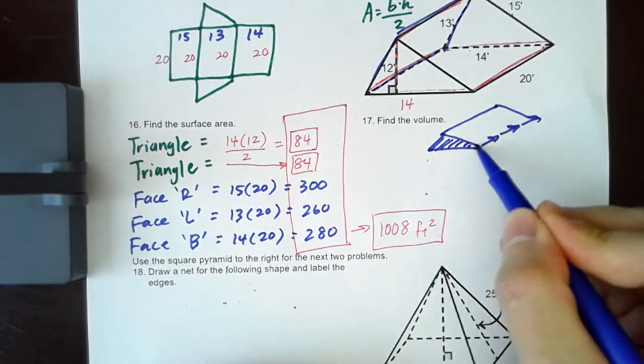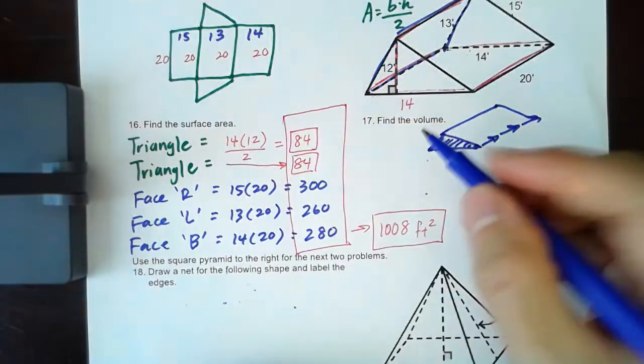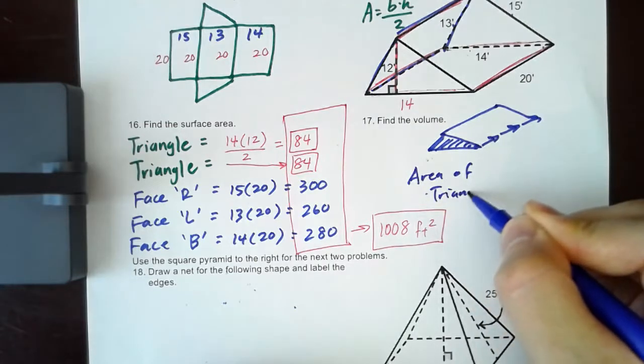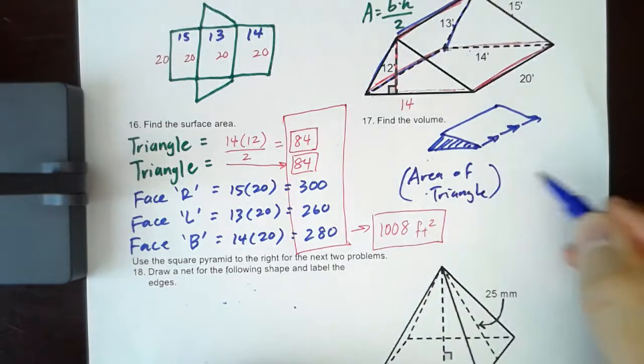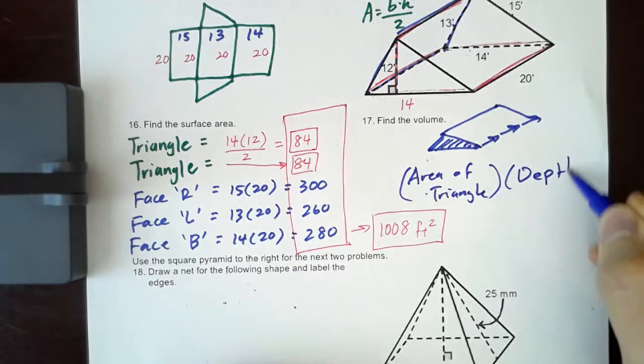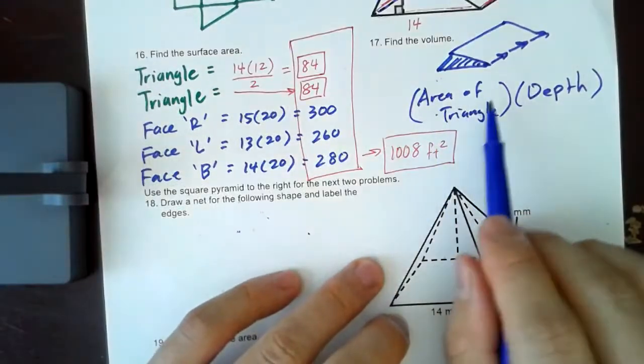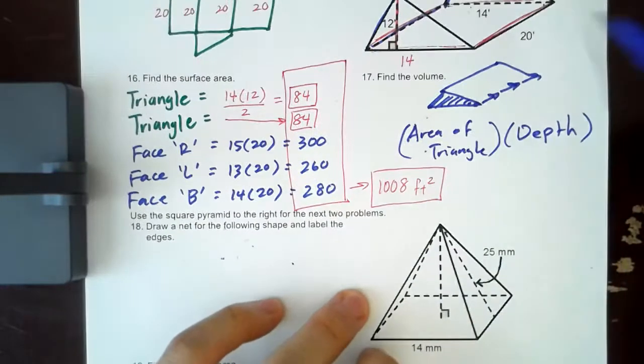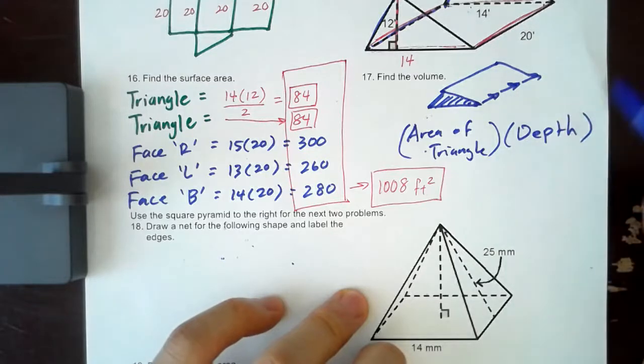So first find the area of the triangle, times depth, because that's how you calculate volume. The volume of any prism is just the area of the base of the prism, which in this case is a triangle, and multiply it by the depth.